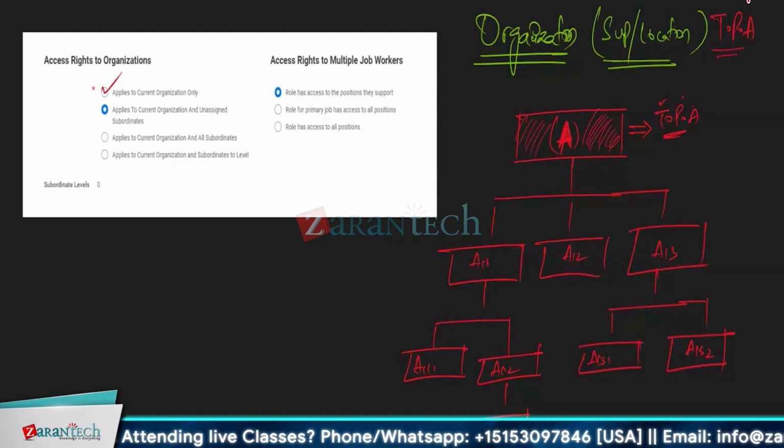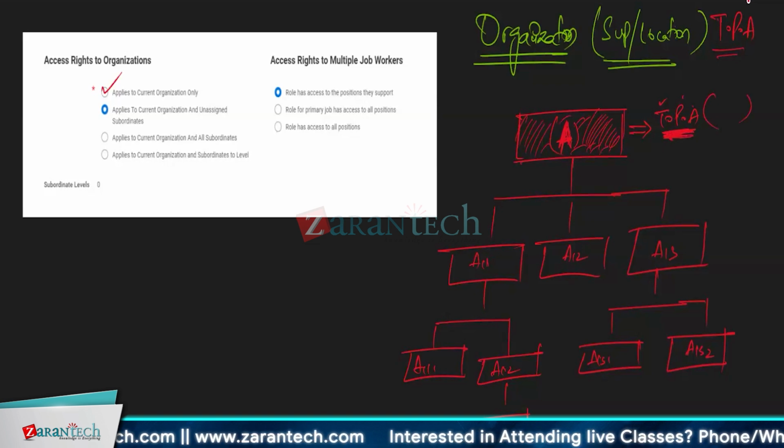If I select applies to the current organization only, it means that whatever access privileges this particular security group provides will be constrained to this particular org. So all the employees in this particular org will have all the access permissions that this security group provides from the domain security policies. Meaning the domain security policies will only be applicable for this particular org. It will not be applicable for the rest of the orgs. If I select the very first option. Understood? Any questions? I have to hear yes or no.